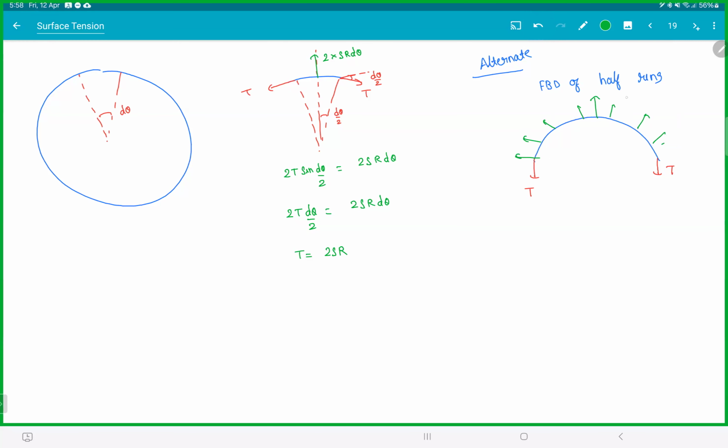The projected length will give a force of 2 into S into 2R. So we can say 2T is equal to 4SR. That is also faster, but you need to know the projected length. Easy?